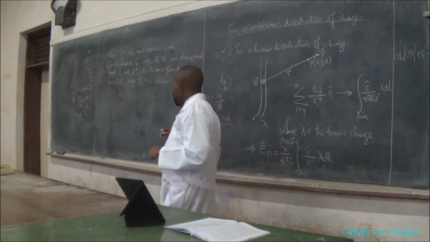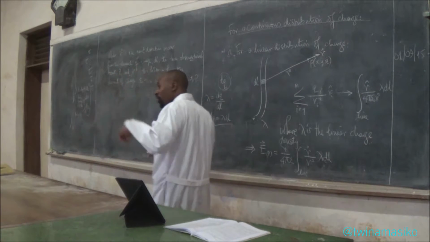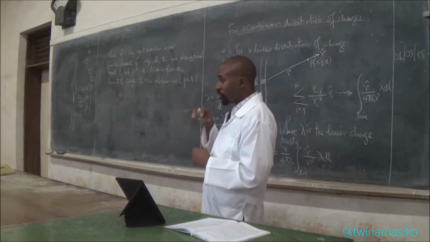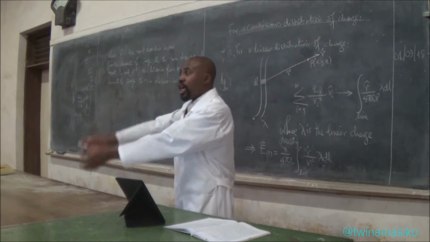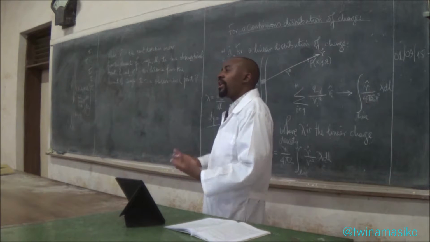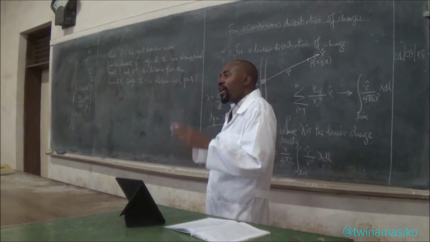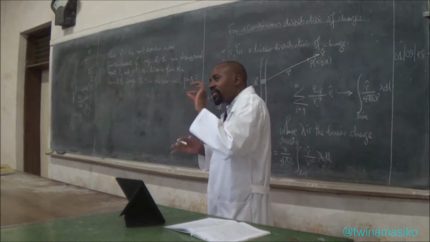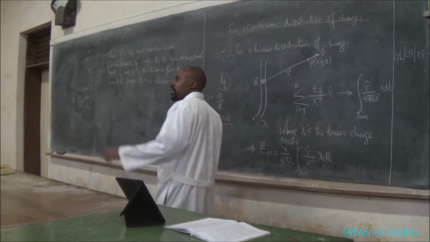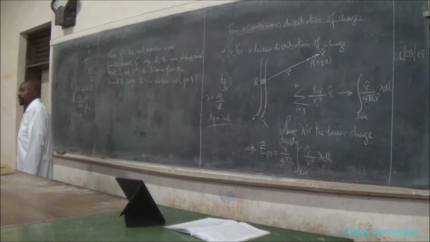If I was to say charge, then I would say the Q, because I'm talking of the charge. But dl is the element of charge, the element that houses charge. So if it is a wire and I slice off that small element, that is the element of charge.